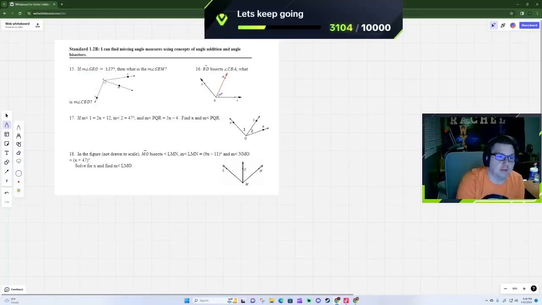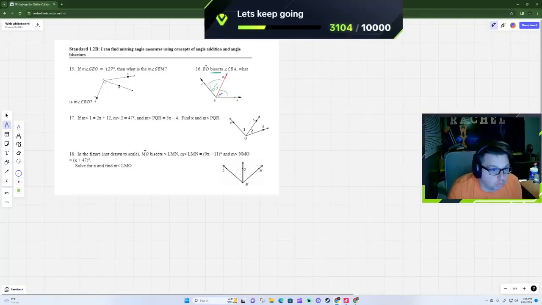All right. Next thing, you need to know this vocabulary word, bisects. Bisects means to cut into two equal pieces. So if this CBA gets cut into two equal pieces and this piece over here is 65 degrees, then this has to be 65 degrees. That's what a bisector means. It means it cuts it into two equal pieces.